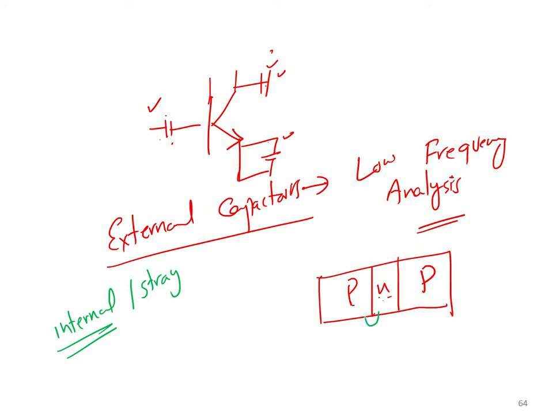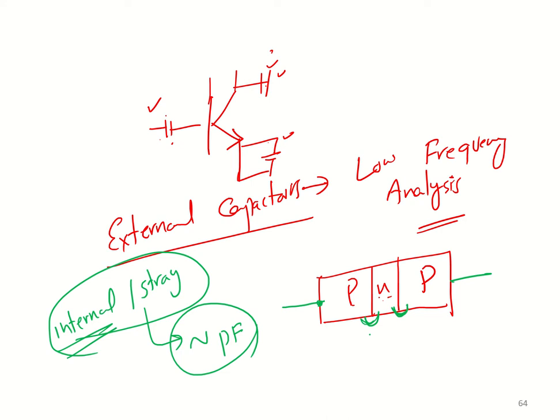It is the capacitance among the junctions, and also from the wiring connections made to these junctions. So due to the wiring and the internal junctions of the BJT or MOSFET, we have stray capacitance. The value of the stray capacitance is usually very small, in the range of picofarads.